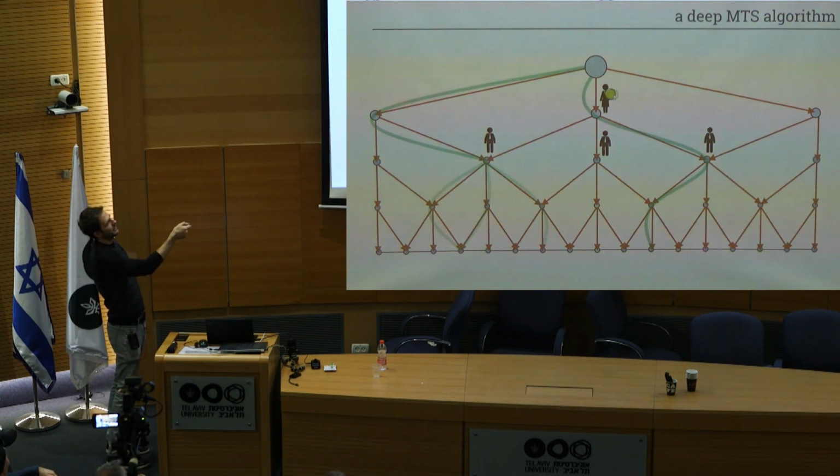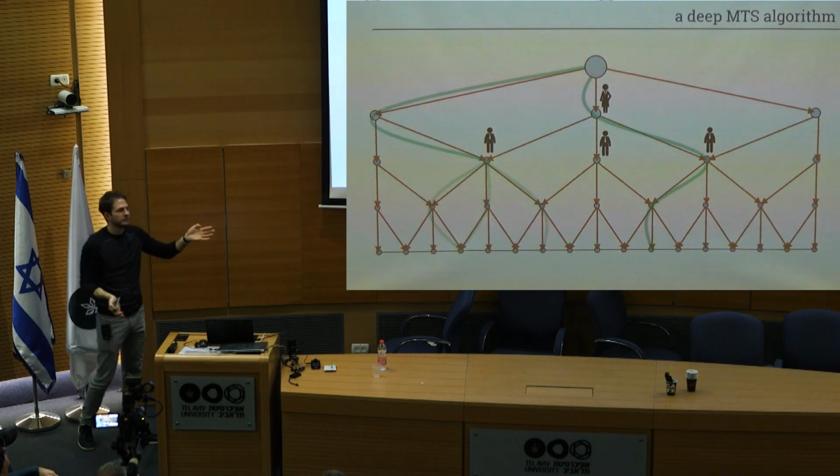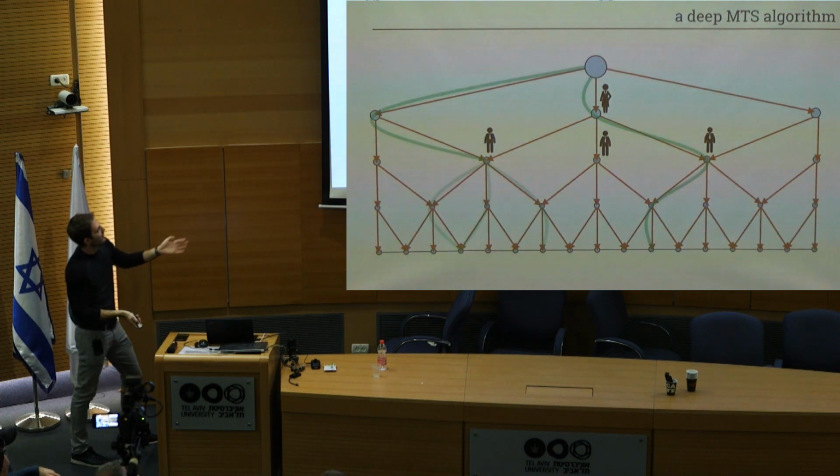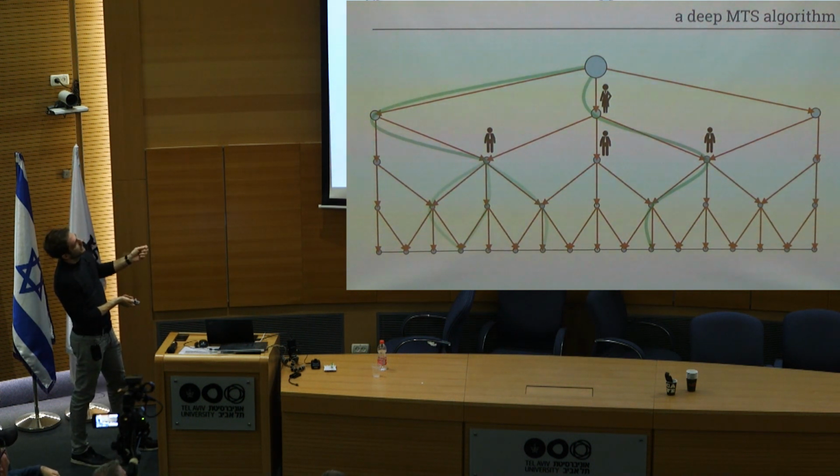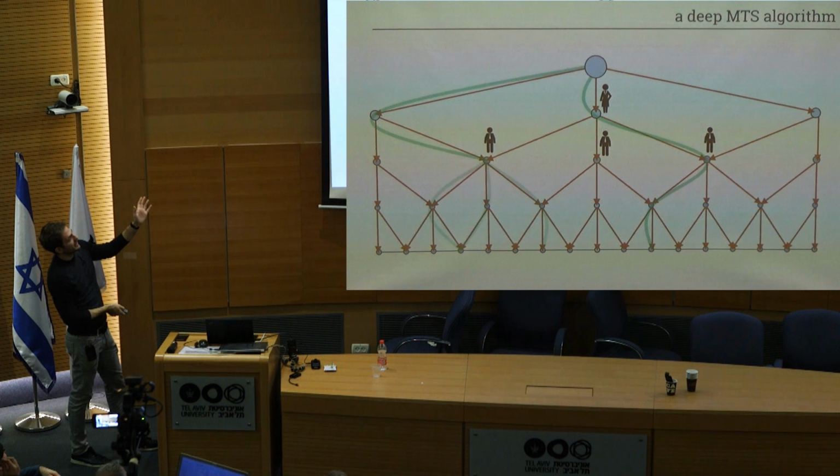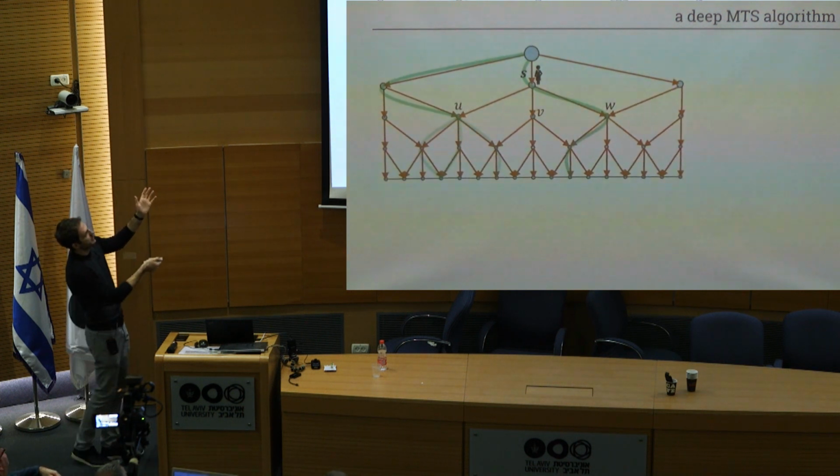And then the boss up here is going to look at those estimates and possibly change the way she allocates flow to each of her underlings. I was going to say children, because it's also a DAG, but there are child labor laws and things like that. So I'm just going to describe a simple algorithm like that.